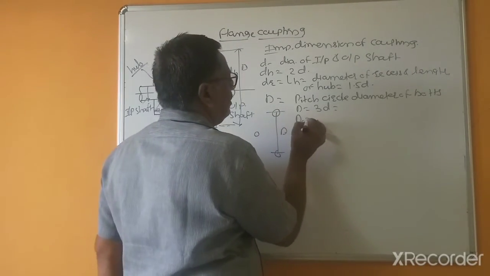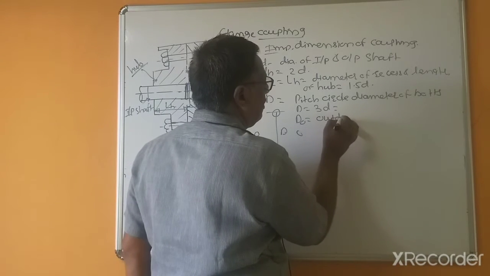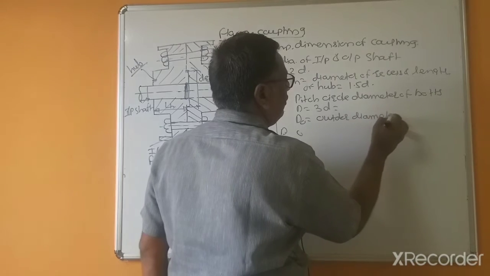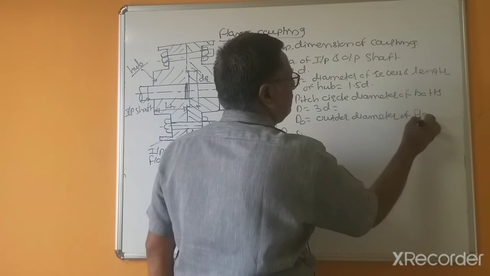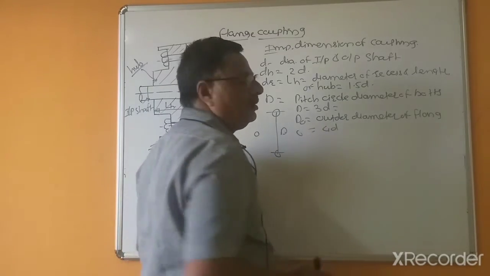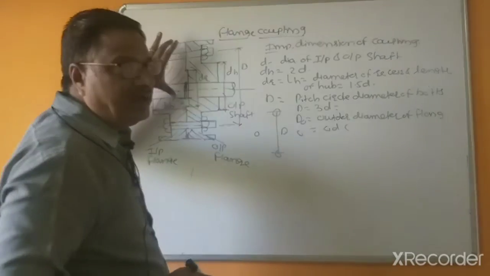Now this is the outer diameter of the flange, and this is equal to 4d. This is for the protected type of flange coupling.